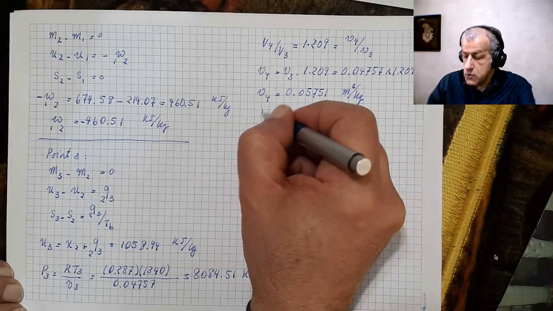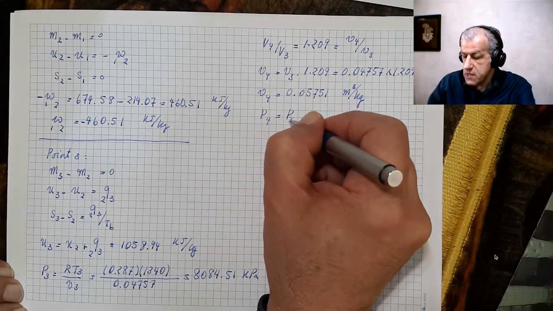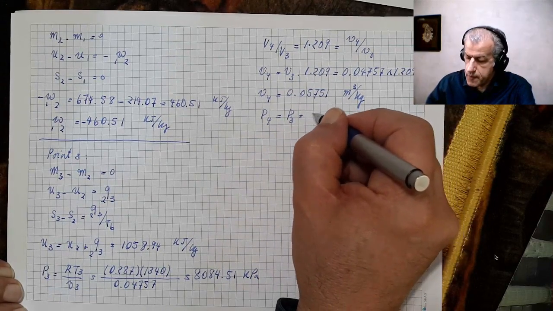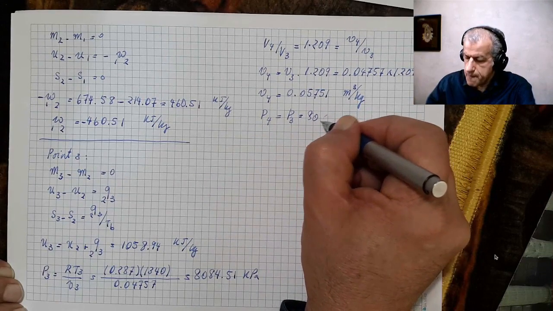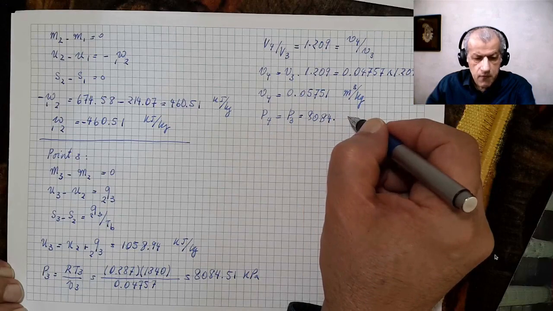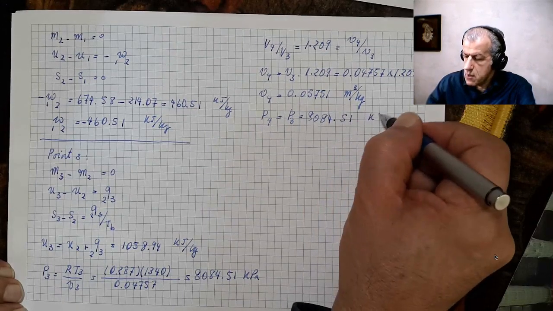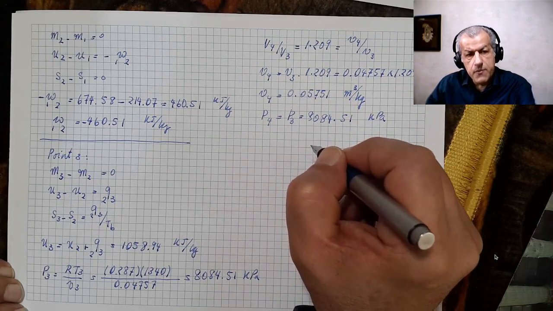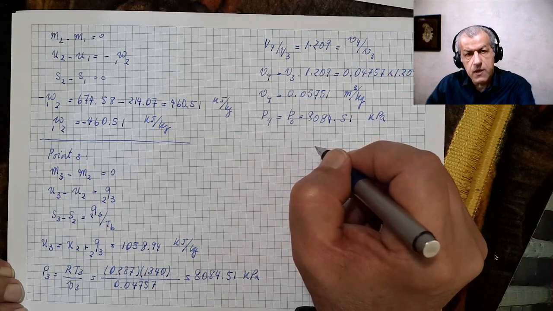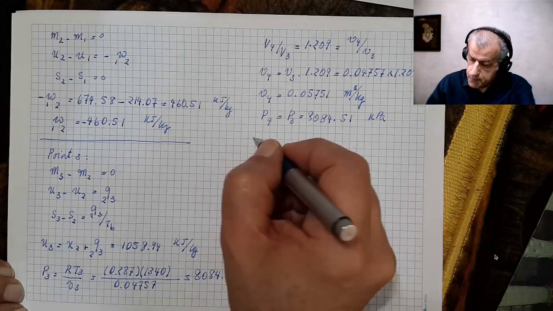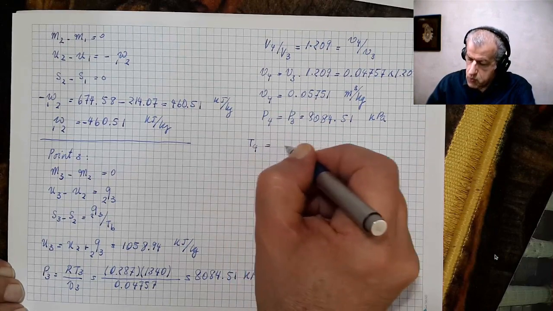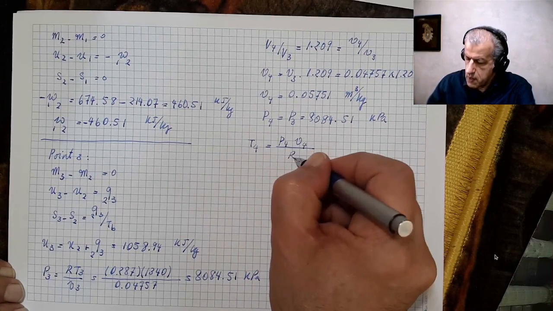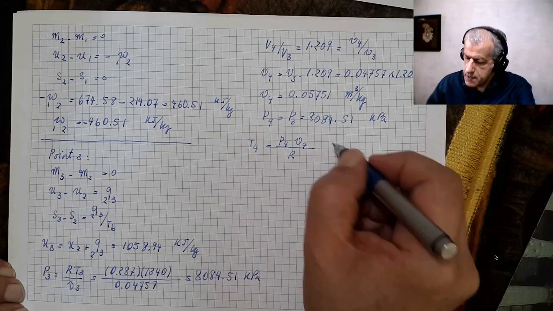And we also know that P4 equals P3, and that is 84.51 kilopascal. So with the knowledge of pressure and specific volume, now we can calculate T4. T4 equals P4 V4 over R, since PV equals RT.